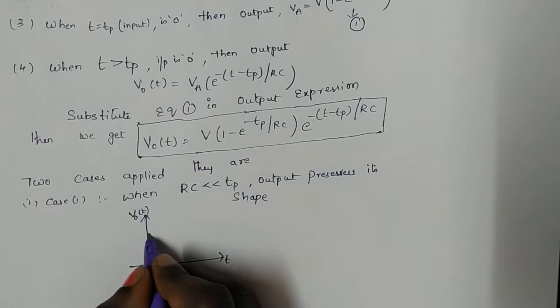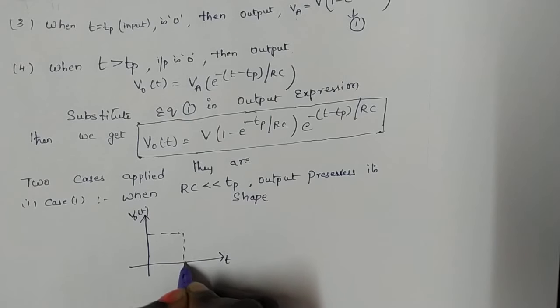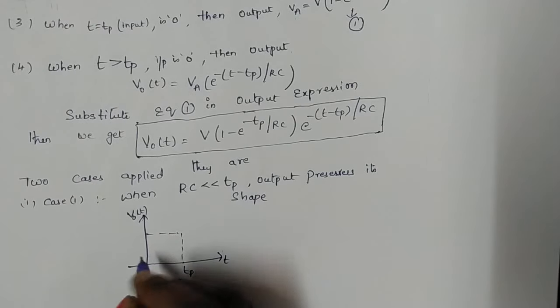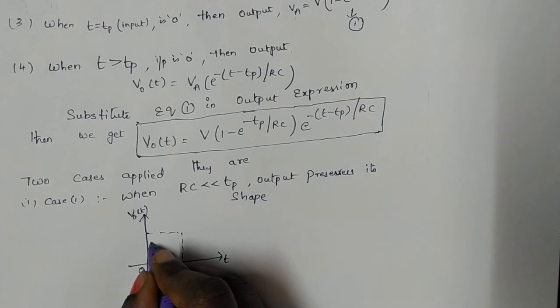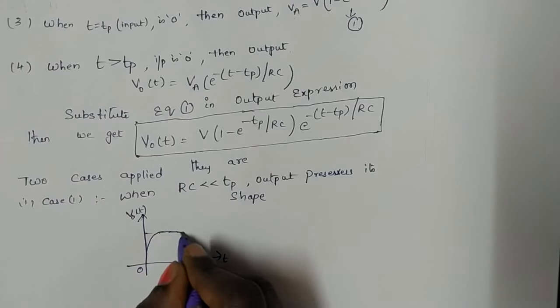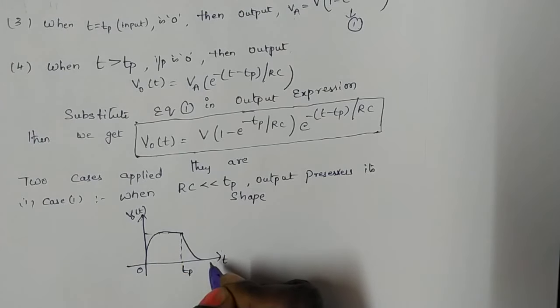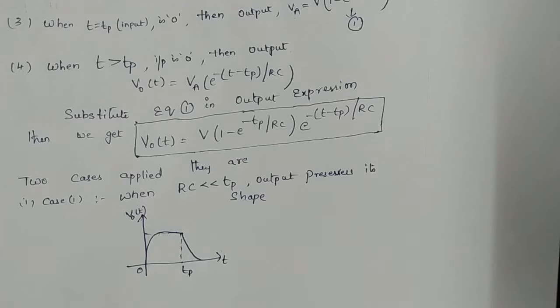This is the waveform when RC, that is the product of R and C components, is very, very small when compared to the pulse width of the input pulse signal.